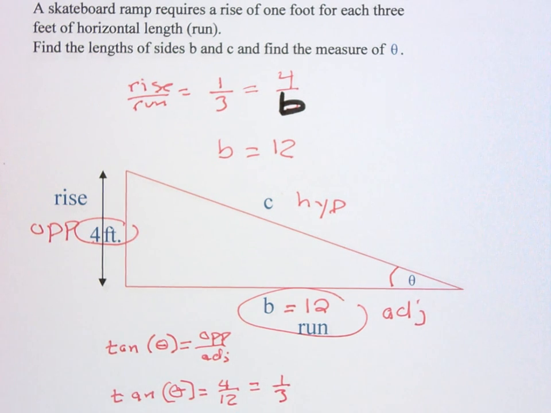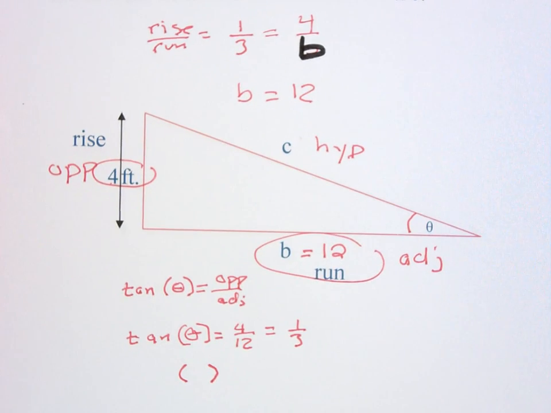Okay. So now we're going to write this as an inverse function. Our input now won't be theta, it will be what? 1/3. When we do that on our calculator, it'll be 0.3 repeating. And our function won't be the tangent, but what's the inverse of tangent called? It's called inverse tangent. Some people call it arctangent.